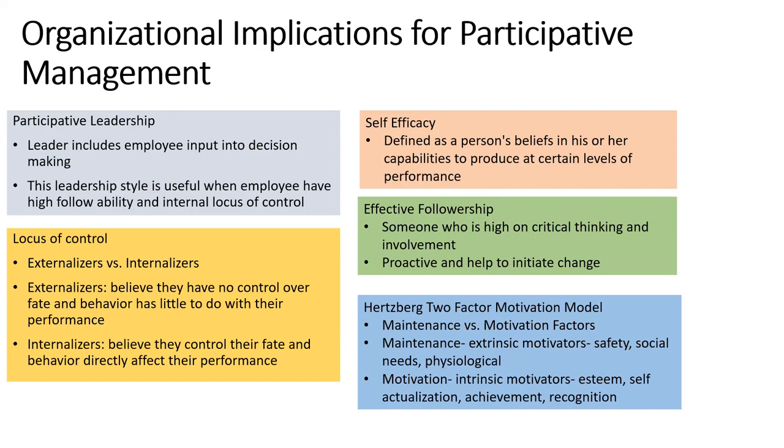Locus of control is another one that I used. Participative leadership is another one. There's also something called effective followership, right? This is when someone is high on critical thinking and involvement. If you are involving yourself in organizational decisions, in the decision-making process, you're more likely to improve your effective followership.